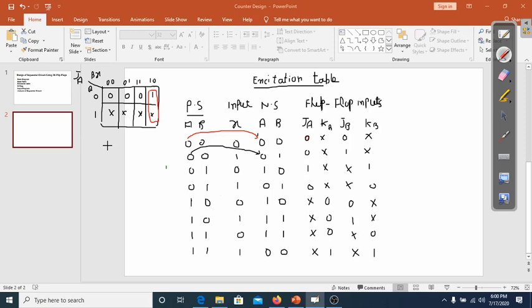Now the simplified result would be JA is equal to, this column will cancel, A complement will cancel with A, so JA is equal to B into X complement. Now I will simplify the input KA.